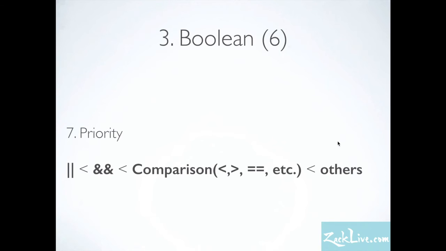Here is some general priority. So or is less than and less than comparison operation, which means if you have or and and in the same line, and will be operated first.